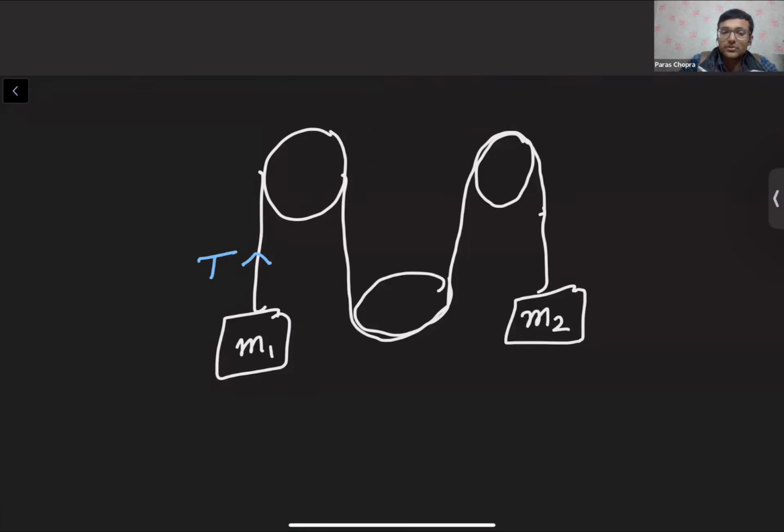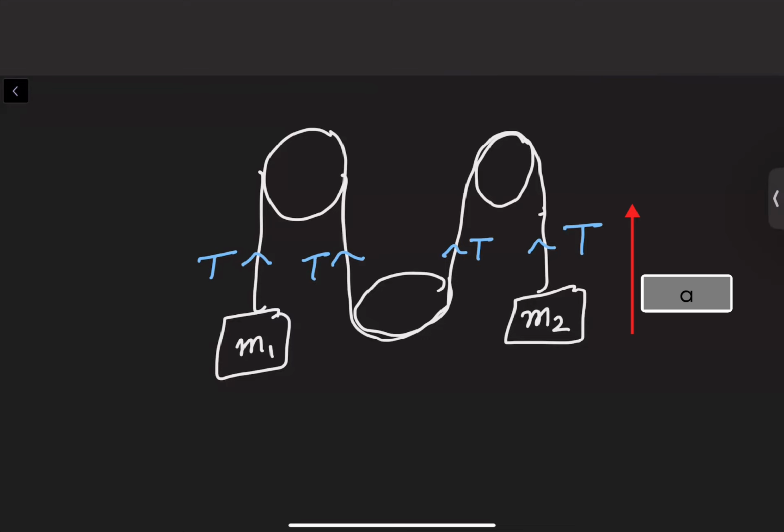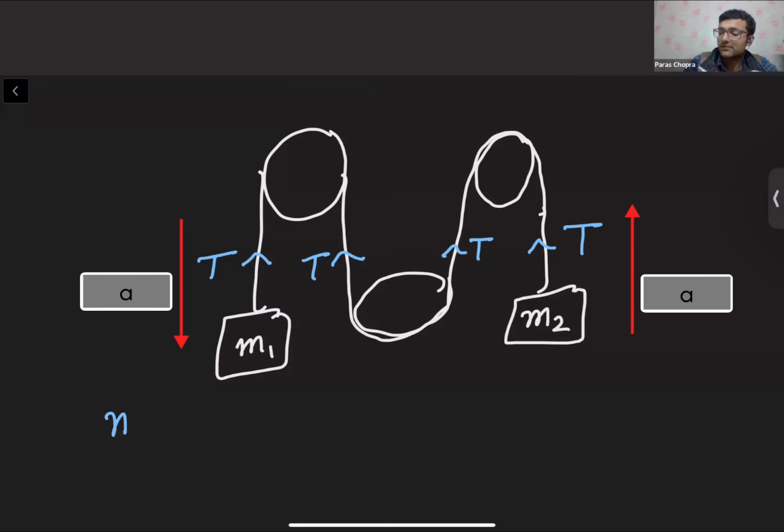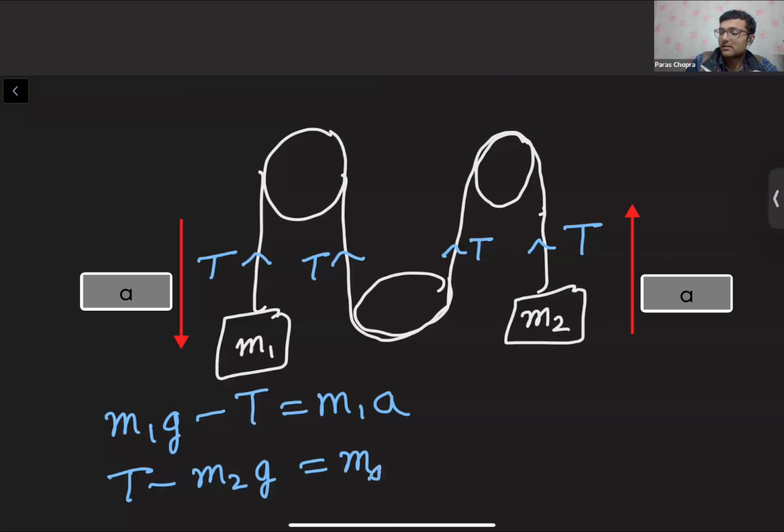So we will say this force is T, this force is also T, this force is also T, and this force is also T. All the forces are the same because they are connected by the same string. Now, for this mass m1, you can write m1g minus T is equal to m1a. And for the second mass, you can simply write T minus m2g is equal to m2a. So similarly, whatever the system is, you can just label all the forces and write the equations accordingly.